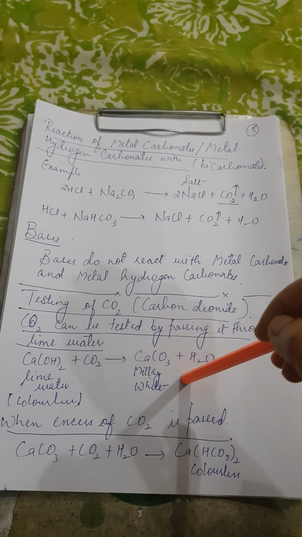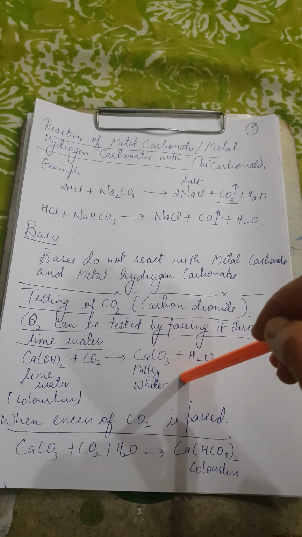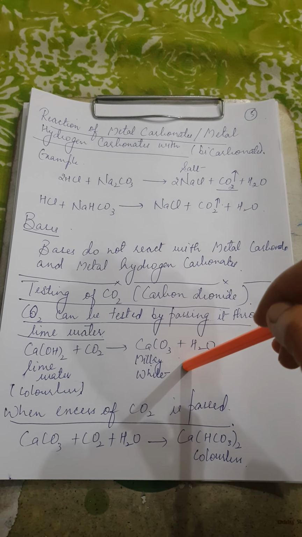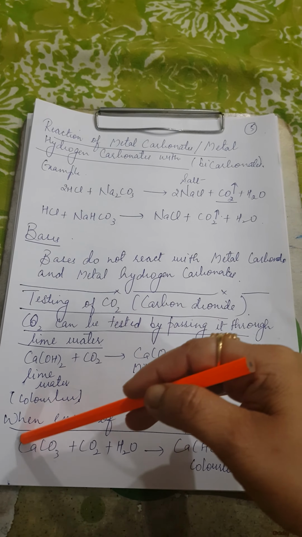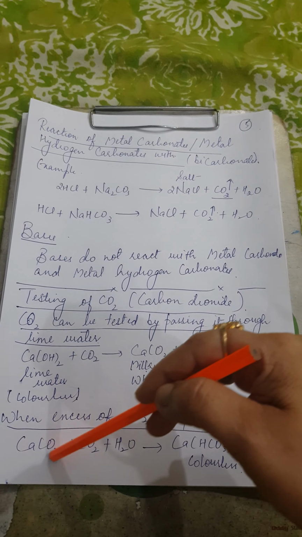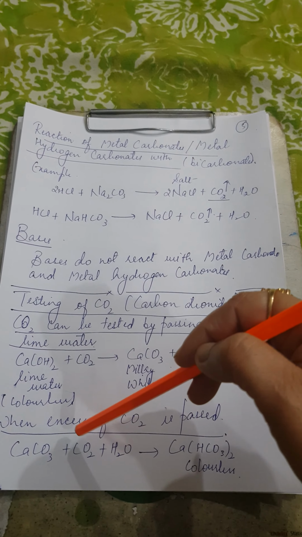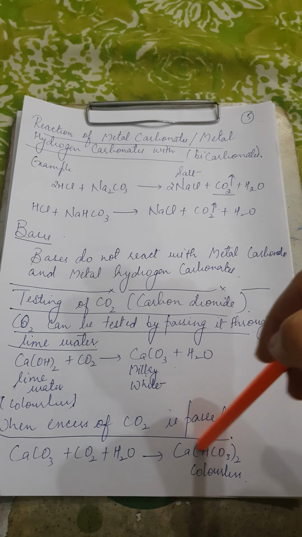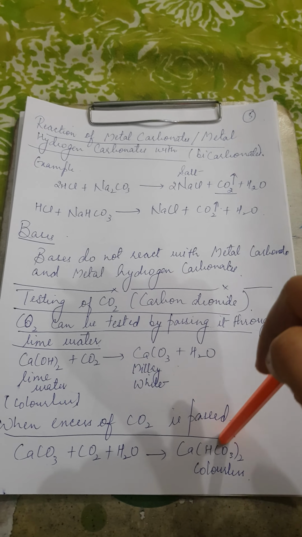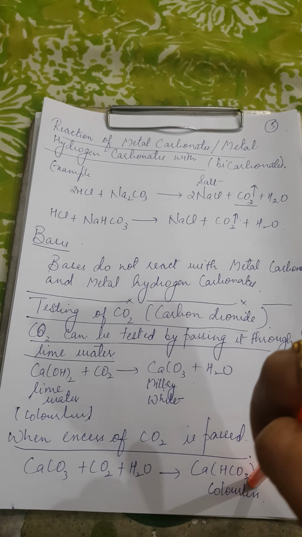But if we keep blowing CO2 through lime water for longer time, again it turns colorless, because the calcium carbonate which formed in test tube during reaction reacts with carbon dioxide and water to form calcium bicarbonate. Beta, calcium bicarbonate is again colorless.